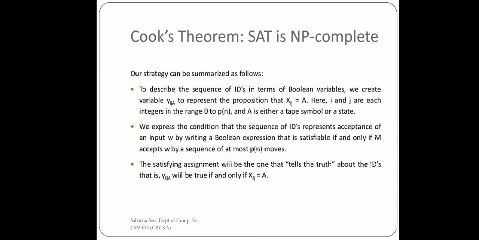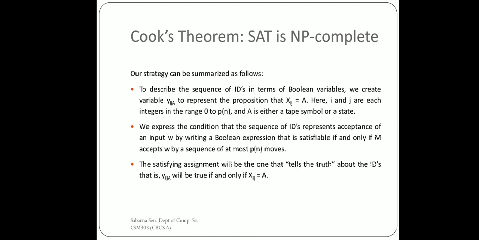Now we express the condition that the sequence of IDs represents the acceptance of an input W by writing a Boolean expression that is satisfiable if and only if M accepts W by a sequence of at most p(n) moves. If we represent this using the Boolean expression, it should be satisfiable, meaning the value should come to 1. That means we follow a path that we are going to accept for a maximum of p(n) moves.